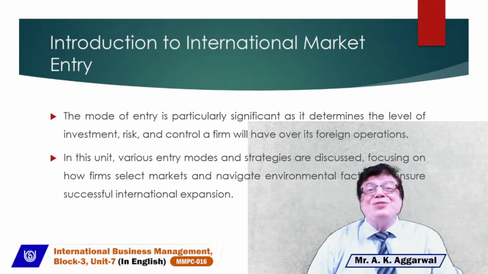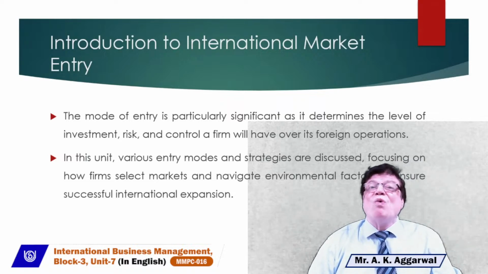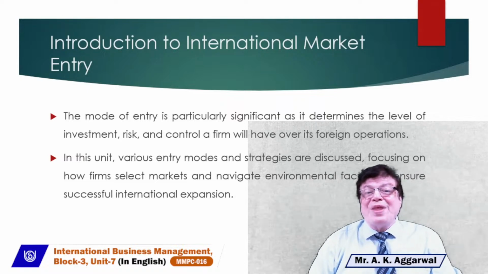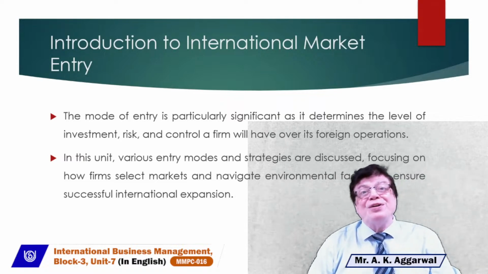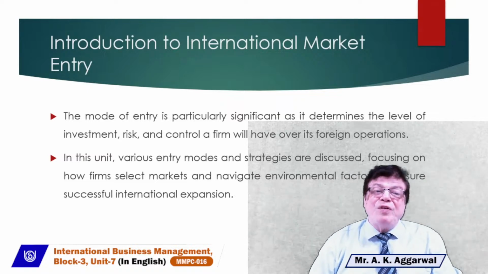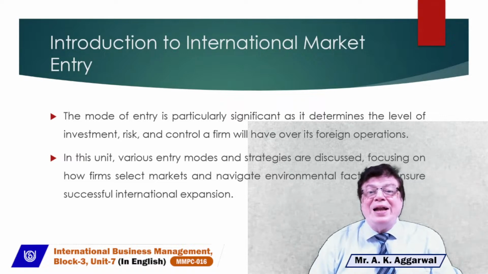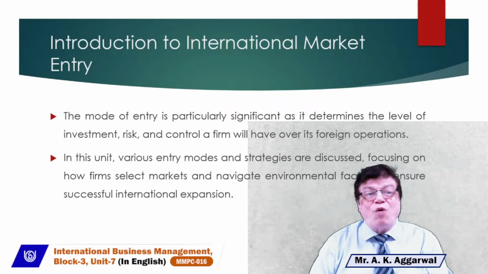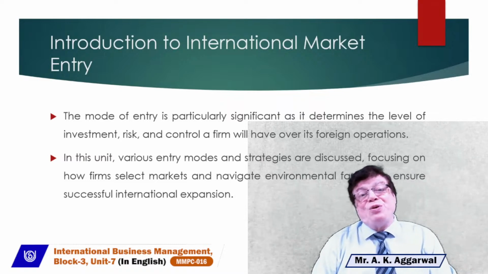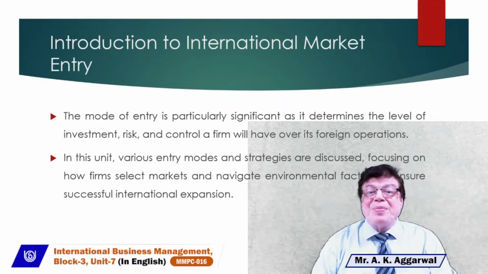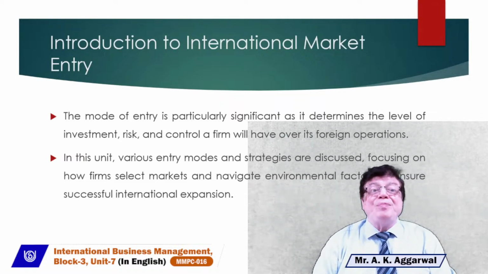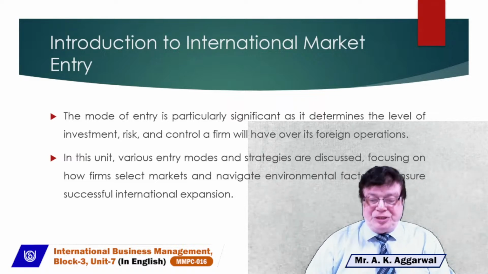Whether it is a large, medium, or small investment, then the risk and control a firm will have over its foreign operations. In this unit, various entry modes and strategies are discussed, focusing on how firms select which market to go to, and navigate environmental factors to ensure successful international expansion.